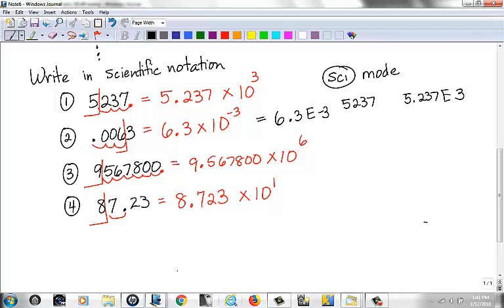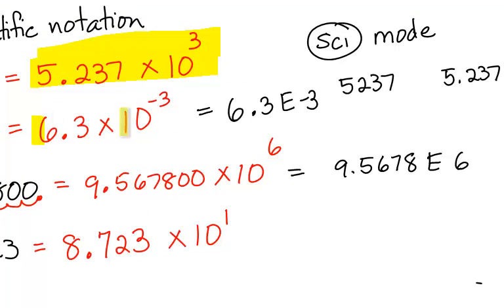So it's going to write it as 9.5678 E to the 6th. When you're writing it on your paper, I would prefer this method. The other method, with the E, is what's going to show up on the calculator.